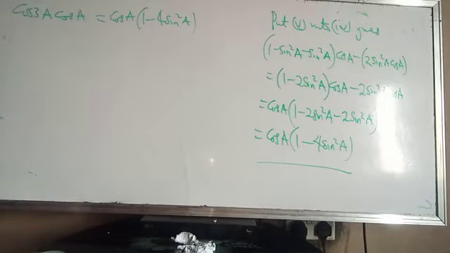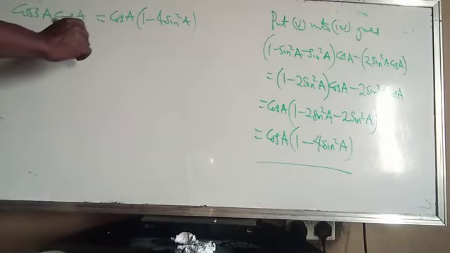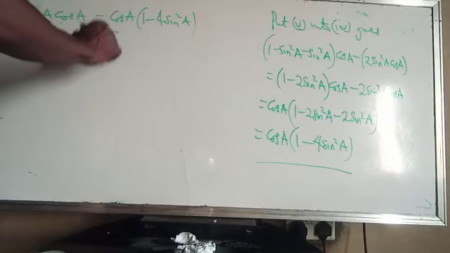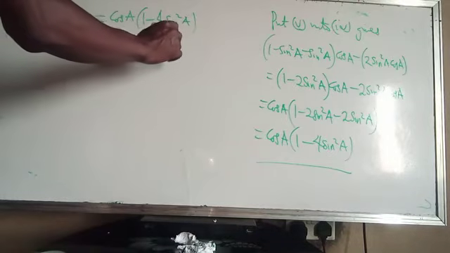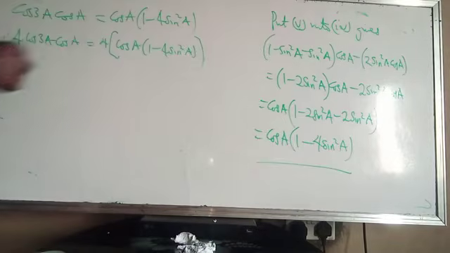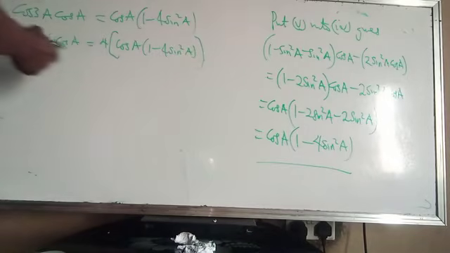Now, if it were 4 cos 3a cos a, that will be 4 multiplied by everything we have here, because the whole of this has given us this.